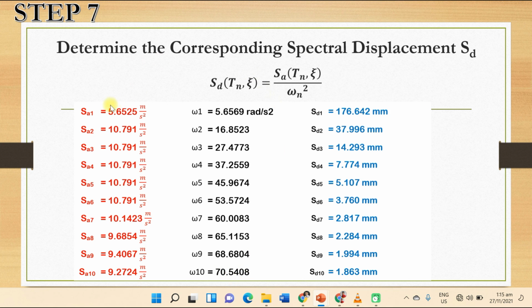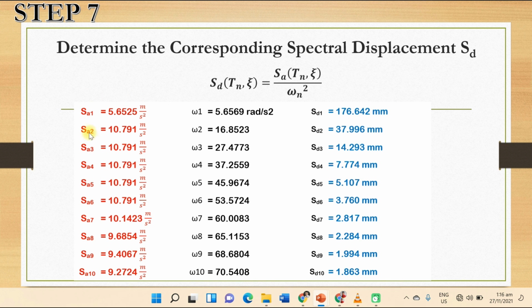70.5408. So kung gagamitin natin ito, isa-substitute natin yung SA1 at saka frequency 1 dito sa formula na ito, makakuha natin si SD1 which is 1.76.642 mm.